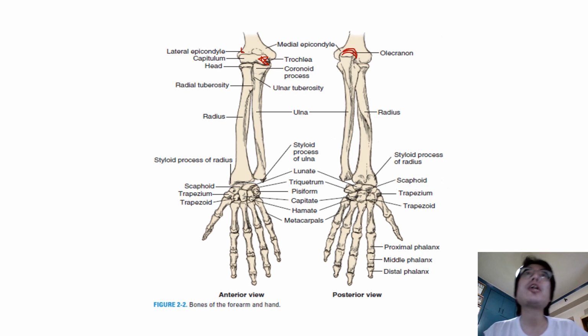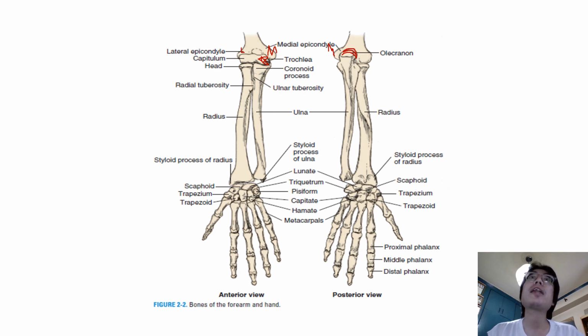Adjacent to the lateral epicondyle in the medial end, of course, is the medial epicondyle. The medial epicondyle projects from the trochlea and has a groove on the back for the ulnar nerve and superior ulnar collateral artery.